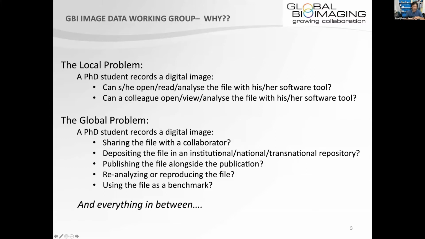For example, a very local problem: if you are a student or a postdoc and you get an image, you need to open the image data, look at it, or analyze it using some software. This is a very local problem, but you need to find a solution. And if you need to discuss with your colleagues in the laboratory and share the image data, it is still a local matter, but you still have some problems.